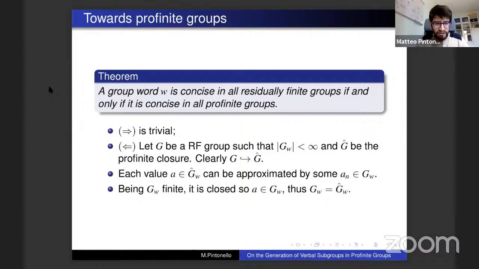Each word value of the profinite group can be approximated by a sequence of word values that come from G. And as G_W is finite, it is automatically closed. So actually the two sets of word values are the same, and we can conclude using the hypothesis of conciseness in profinite groups.